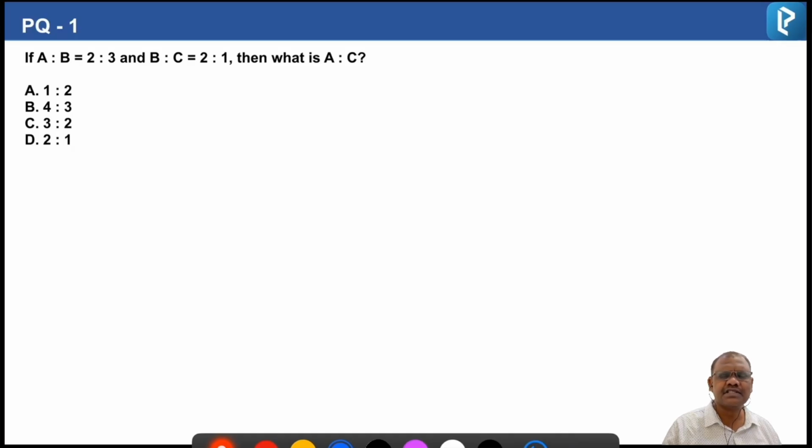A is in the first ratio, C is in the second ratio. To find A is to C, we have to combine the two ratios. So let us use the procedure to combine the ratios. Write down the two ratios, one below the other.